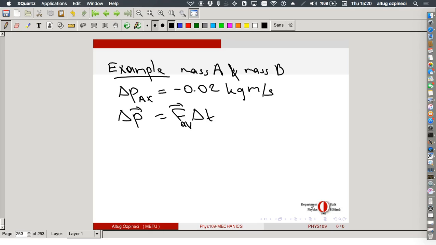So if we want to calculate the x component of the average force acting on the particle A, we just need to determine the change in momentum divided by delta t. Now we need to determine what delta t is.